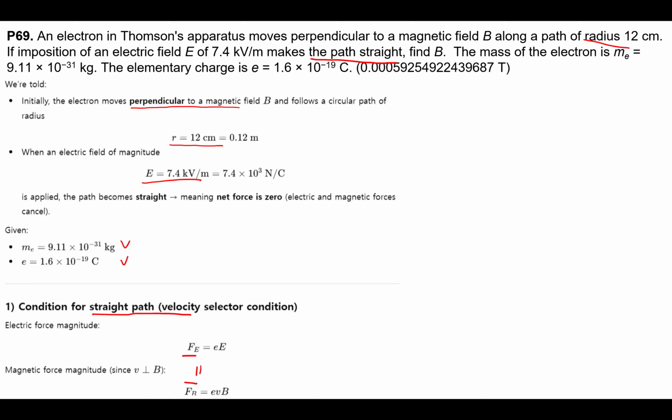Note that in this case there is no sine theta; sine theta becomes 1 because the velocity is perpendicular to B. No deflection means the magnetic force is the same as the electric force, so that we get this one.